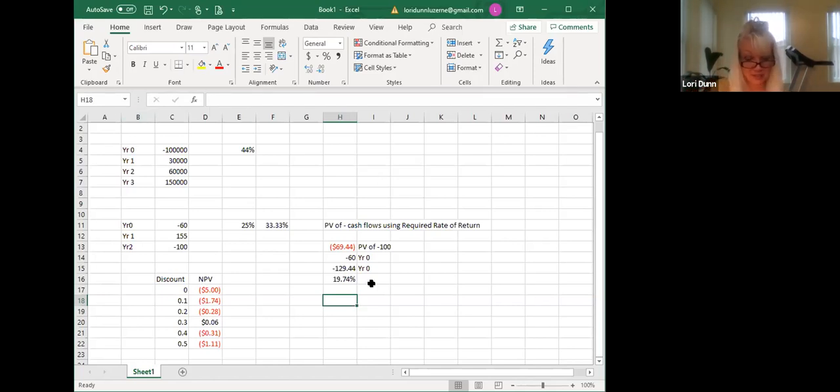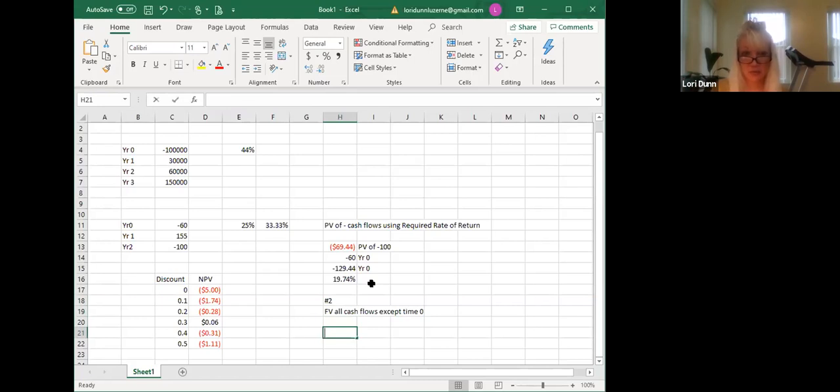So this is number 2. We're going to future value all cash flows except time 0. So leave your initial one at negative 60.